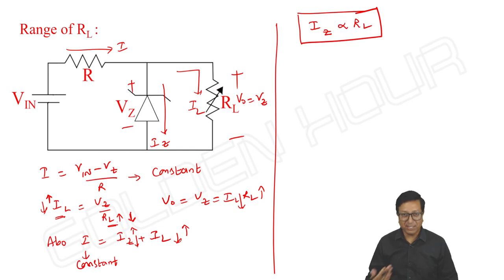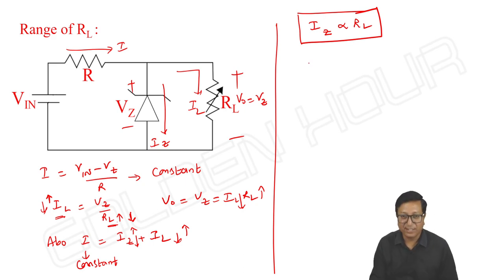Okay. Similarly, if you increase RL, IL will decrease, means IZ will increase, so that even for maximum value of RL, IZ should not exceed IZM. That's how we can find the range of RL based on these points.